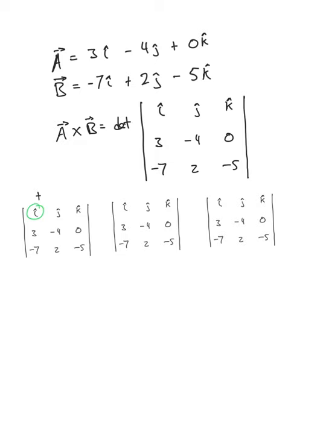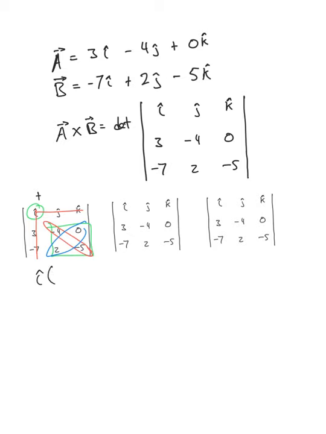So we're going to have a positive i hat multiplied by the submatrix created by crossing out the row and column in which the i hat is located, and that comes out to this submatrix here. And just like we did before, we're going to multiply the upper left and bottom right, and then subtract the multiplication of the top right and bottom left.